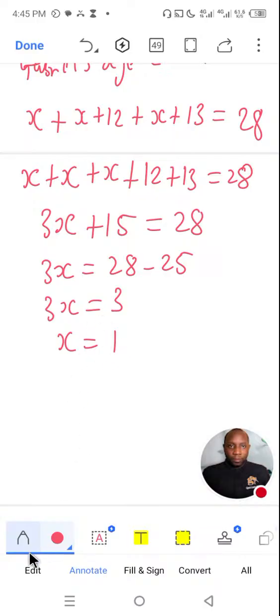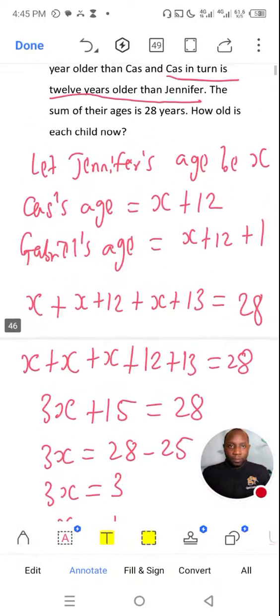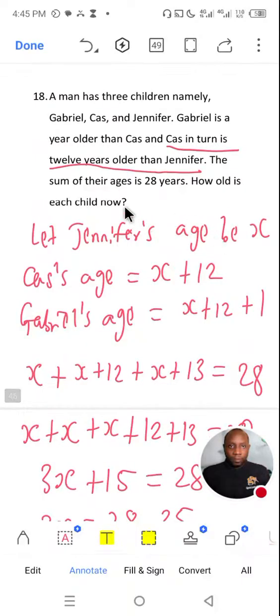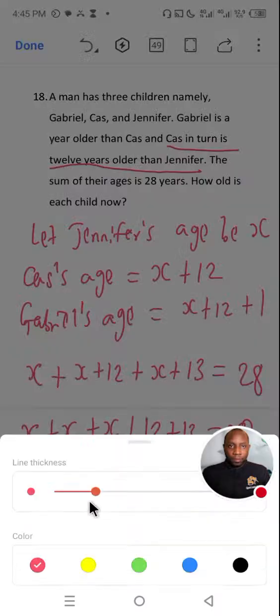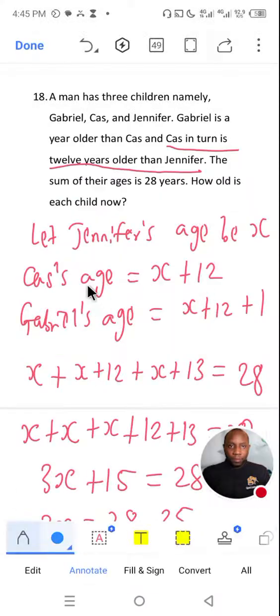Now, we already have the value of x, which means, we said let the inverse h be x. If we already have the age as x, and we're told that Cass is 12 years older, Gabriel is 1 year older than Cass.